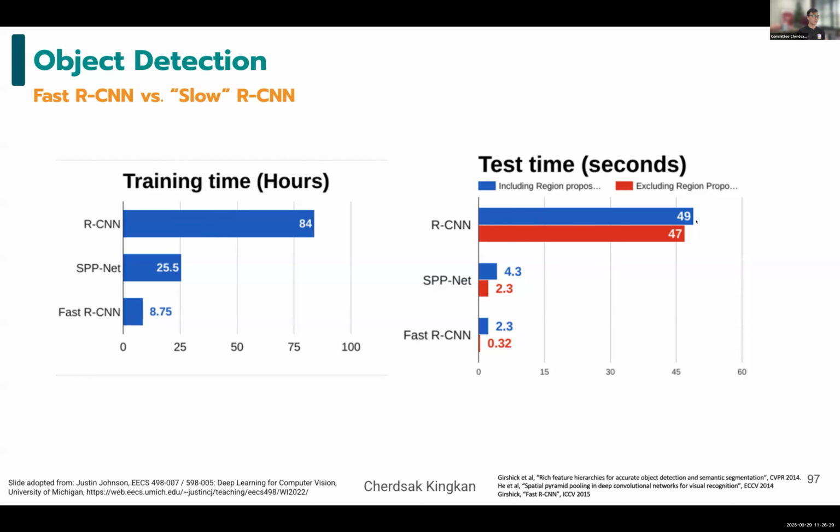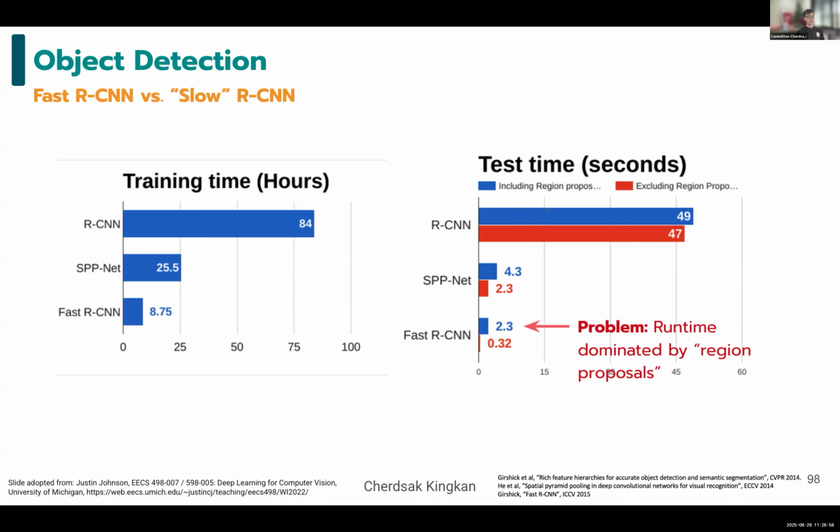For example, if you look at the test time, which includes a region proposal method, the RCNN took 45 seconds, but fast RCNN takes just 2.3 seconds. All right. So the problem here is that if you look at the test time of fast RCNN, the runtime is mainly dominated by the region proposal, right?